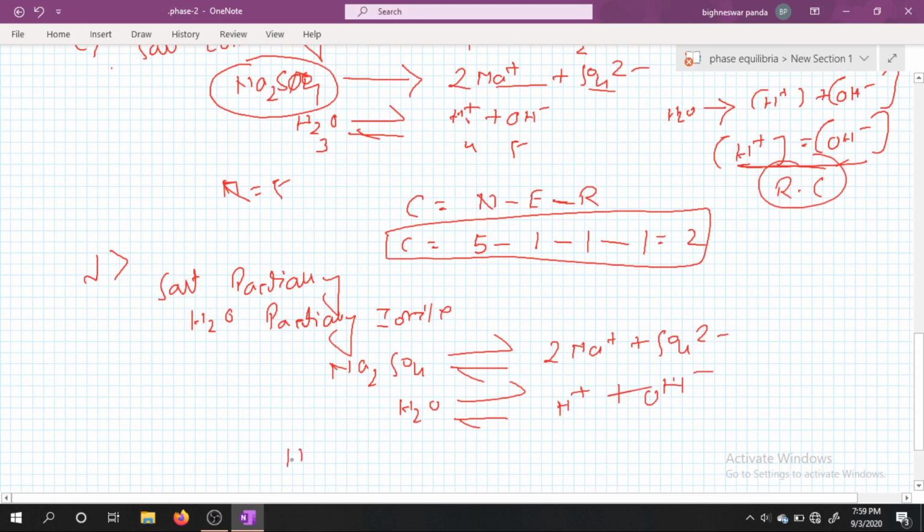So how many constituents? 1, 2, 3, 4, 5, 6. 6 constituents are present. So C is equal to N minus E minus R.